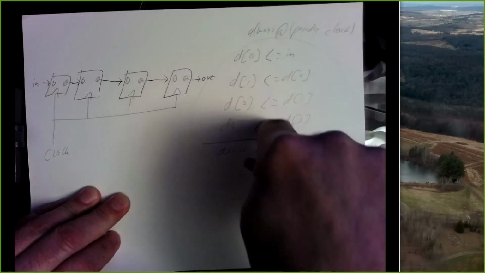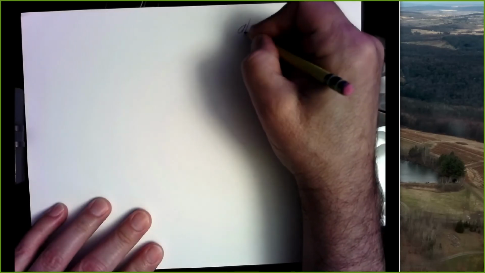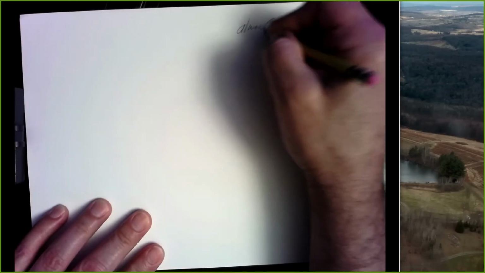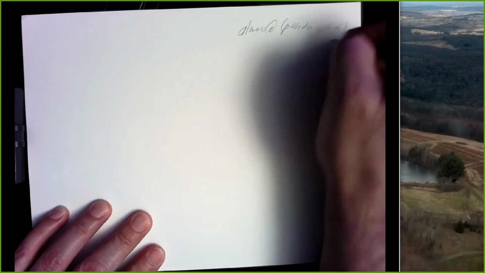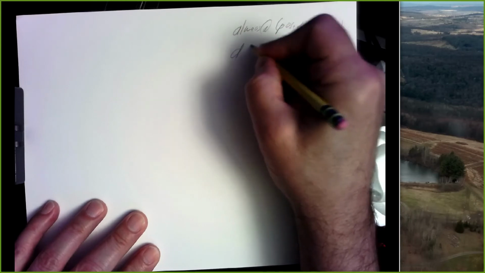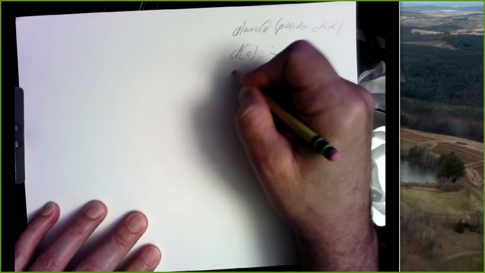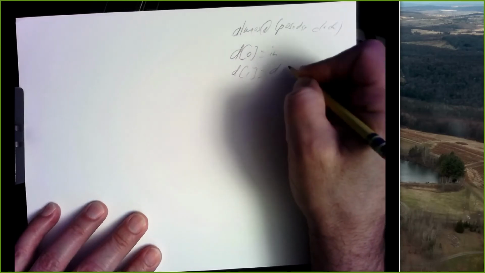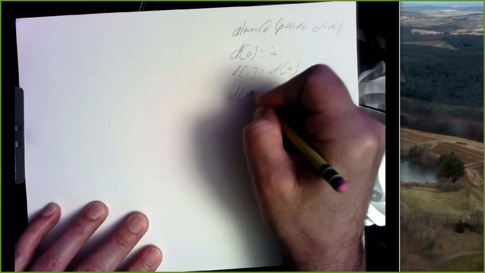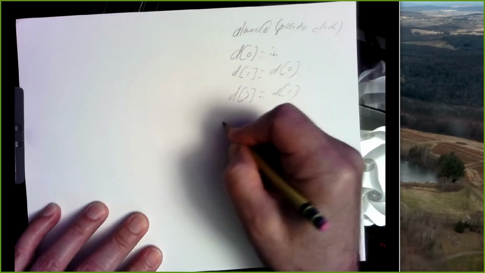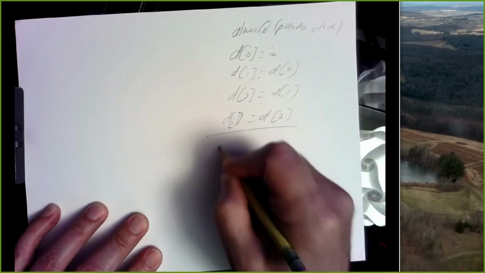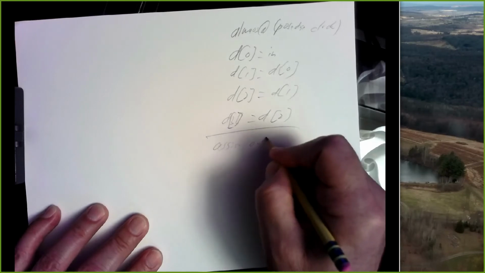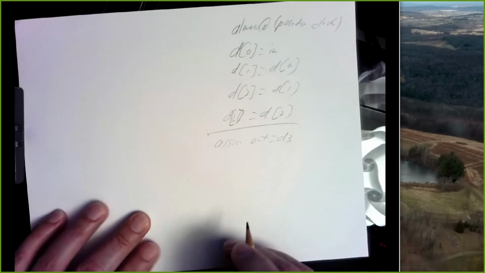Now, if we take off those less than signs, something very different happens. So always at posedge clock, we say D0 equals in, D1 equals D0, D2 equals D1, D3 equals D2, and then assign out equals D3.